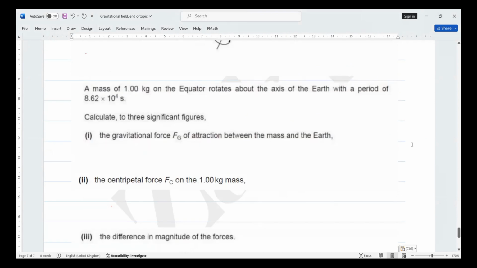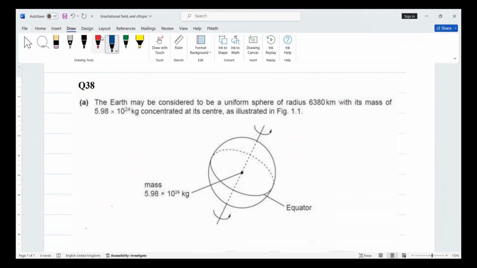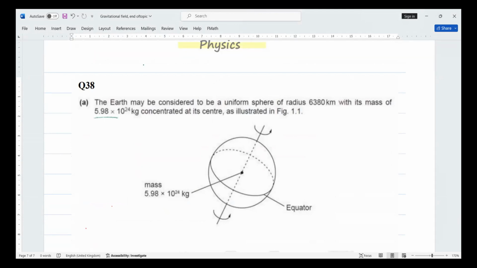First of all, we write the givens. The Earth may be considered to be a uniform sphere of radius R with its mass M. Can you see here the mass of the Earth? It's the constant that we used before. So the radius R capital equals 6380 kilometer.